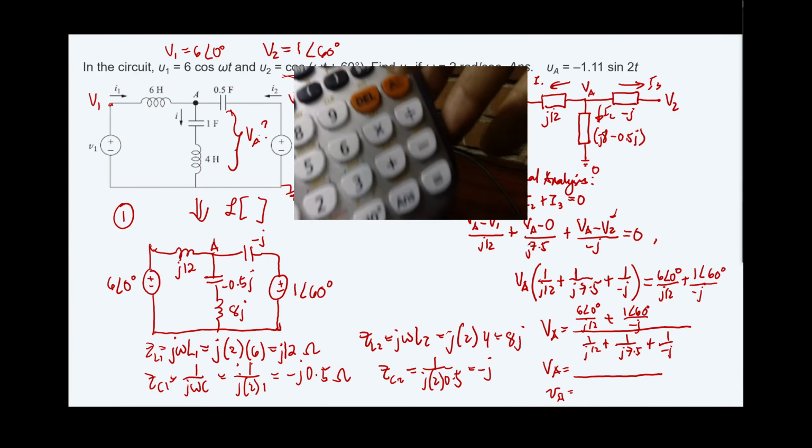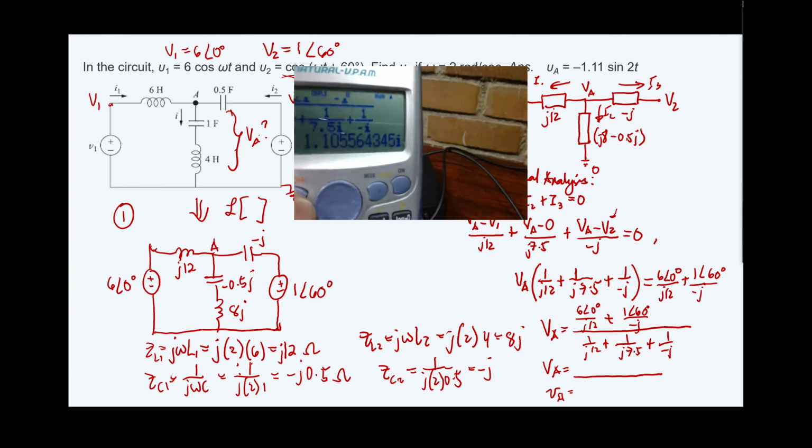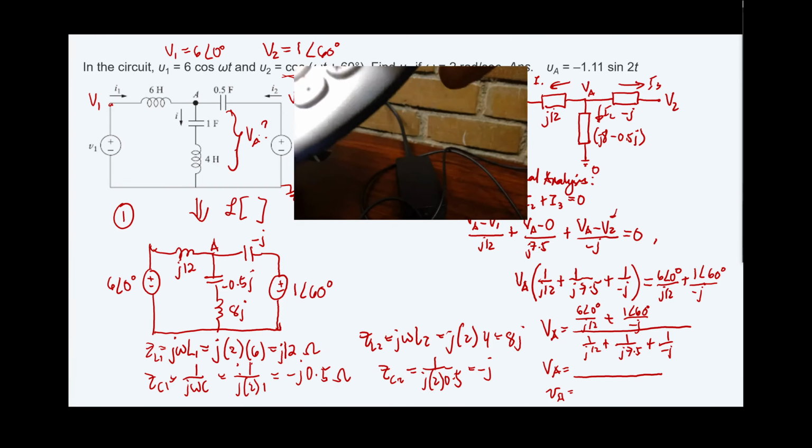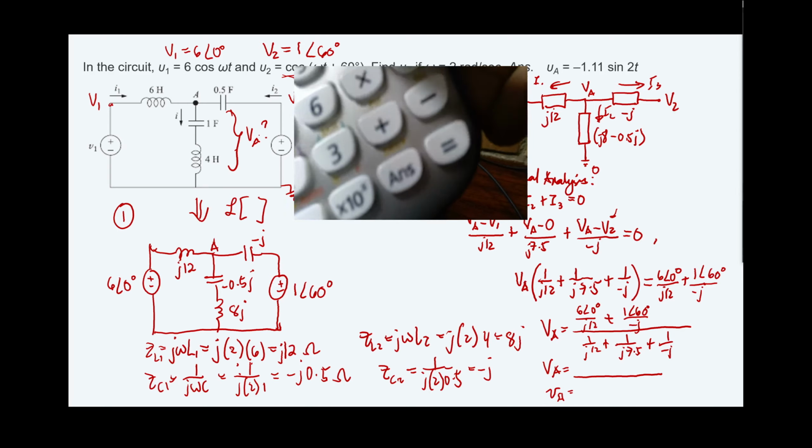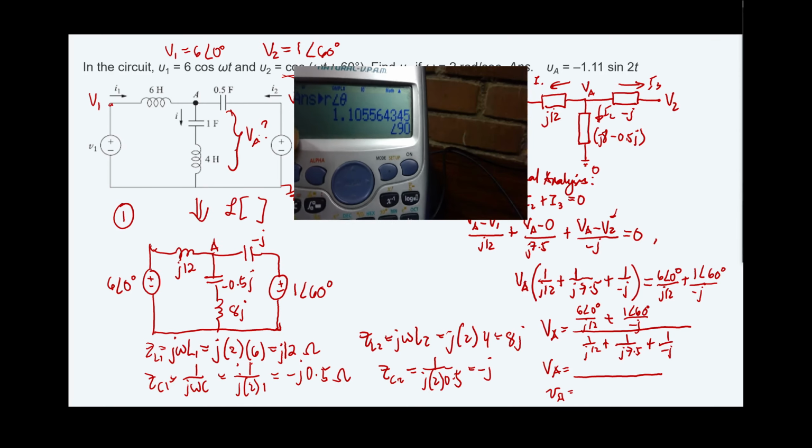So if you press enter, you have 1.1055, but you can convert this to phasor form, which is the one I presented to you.